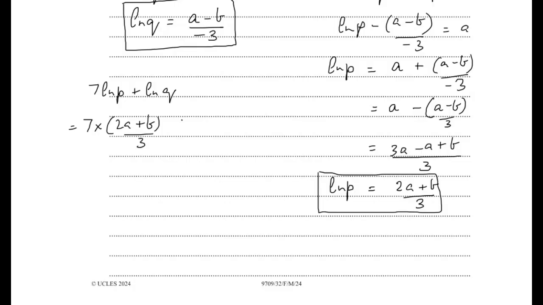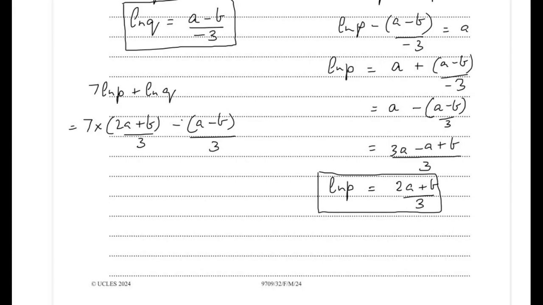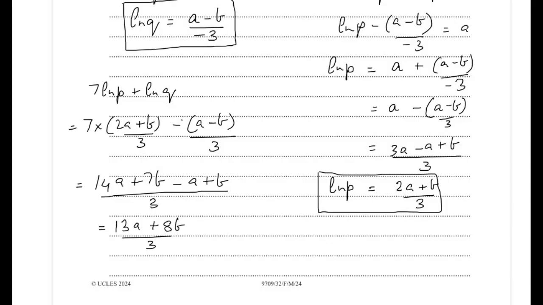And log q, I'm going to write it as minus a minus b by 3. This, when simplified, becomes 14a plus 7b minus a plus b over 3. And that is 14a minus a is 13a plus 8b by 3. This is the value of log of p to the power of 7q.